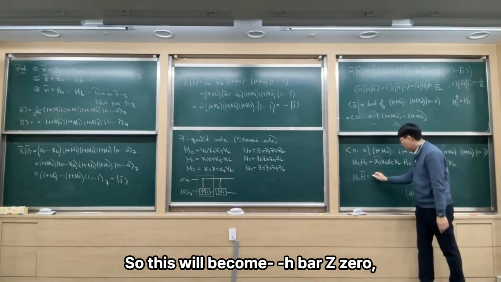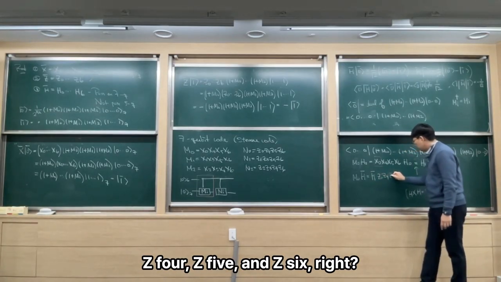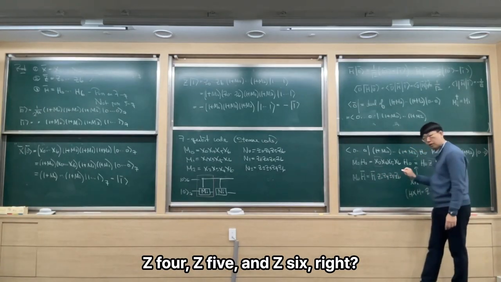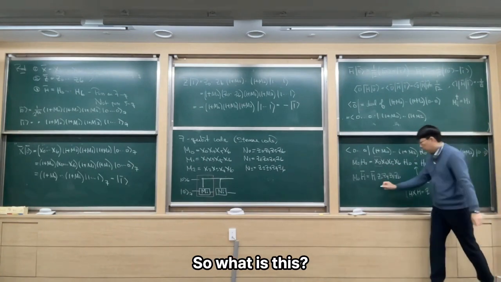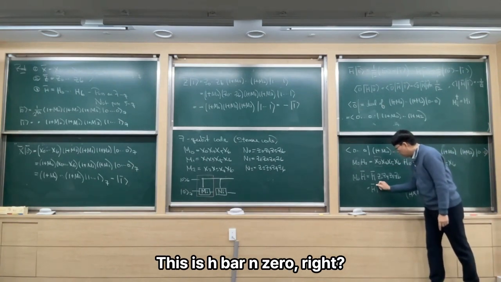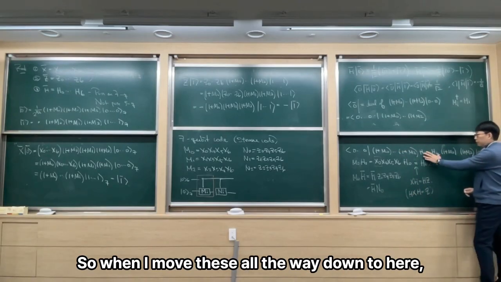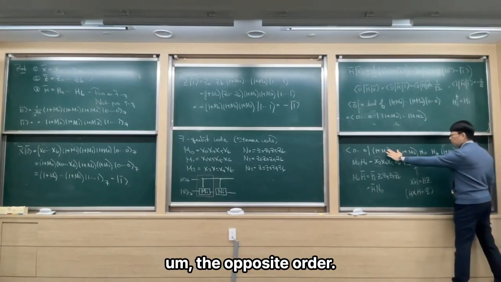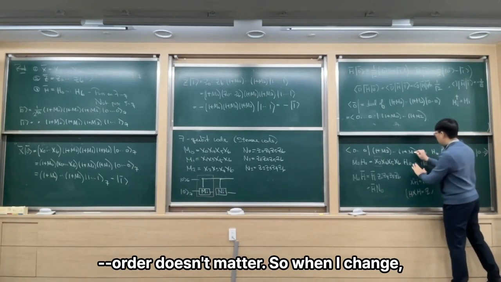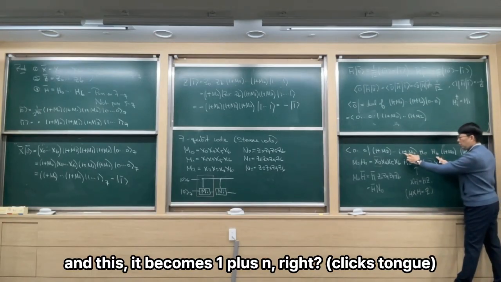So this will become h bar, z0, z4, z5, and z6. Right? Every x is now turned into z. So this is h bar n0. When I change the order of this and these, order doesn't matter, it becomes 1 plus n, right?